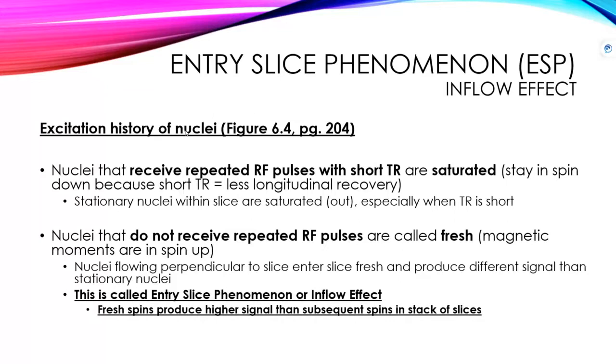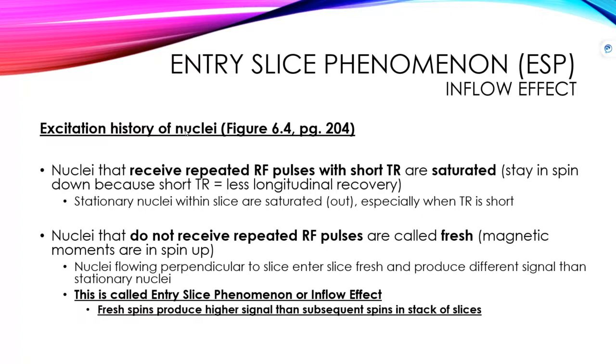So far, when I talk about saturated spins, I'm talking about those stationary spins, right? Stationary background spins and inflowing spins. Inflowing spins are going to come through the slice, and they're not going to get saturated because they're still fresh. They're barely coming into the slice. Stationary or background spins are sitting in the slice the whole time it's being excited and rephased.